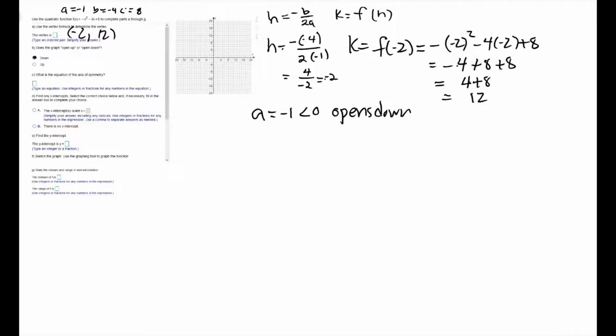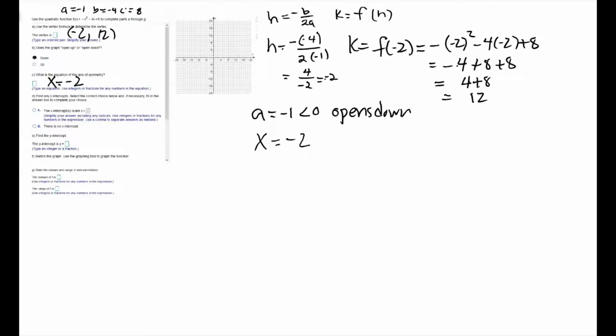What is the equation of the axis of symmetry? The axis of symmetry is a vertical line passing through the vertex. So it's going to be x equals the x-coordinate of the vertex. X equals negative 2.